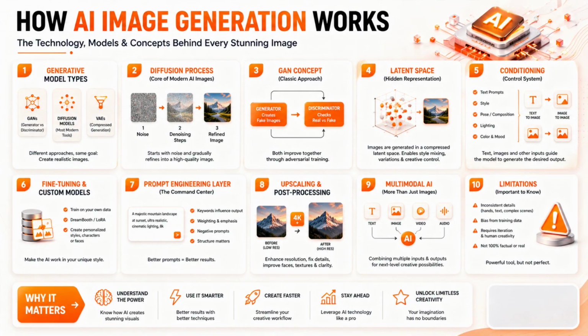Upscaling and editing can also be done, turning good images into high quality ones like 4K, 8K and DSLR quality. Multimodal AI systems can now generate images and also create videos from those images together. So if you want an image, it can generate one, and if you want to generate a video from that image, it will do the same in the same app.